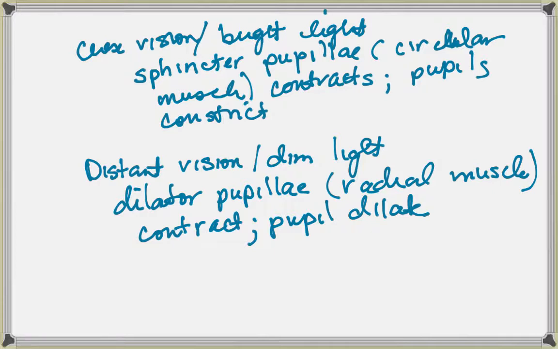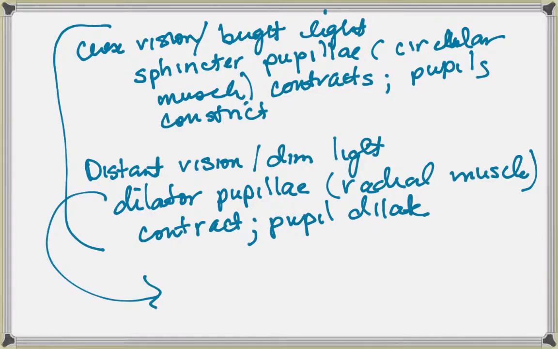Now, your pupil can change size. Specifically, it can dilate during emotional states. So it's not just the amount of light coming in.